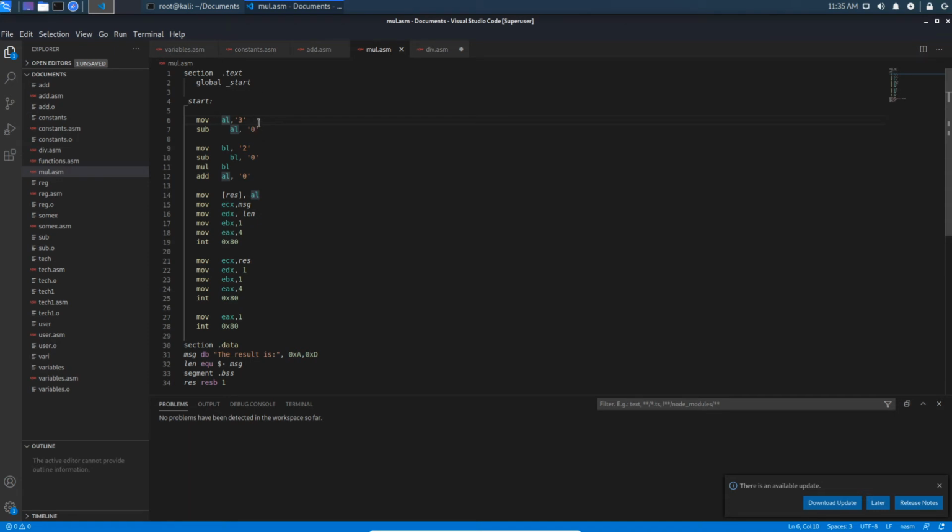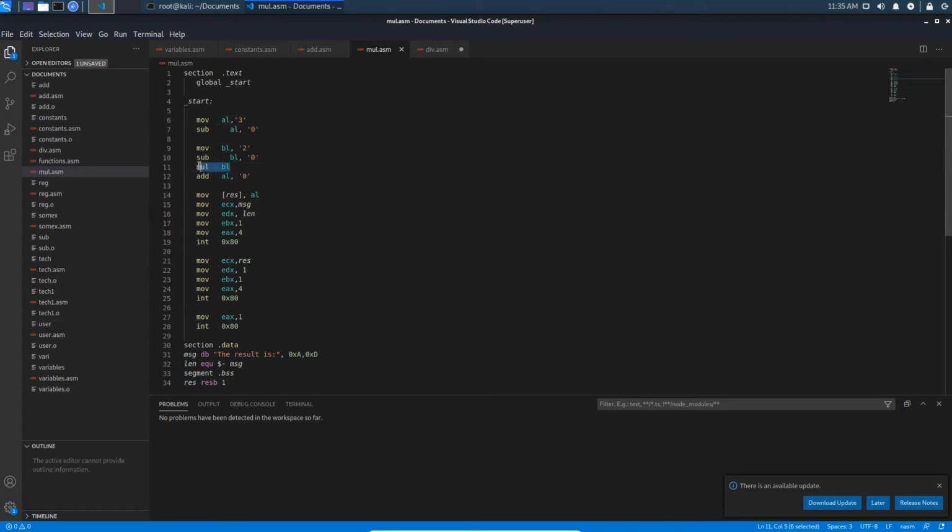Here we took the AL register and moved the desired number to it, and then subtracted to convert ASCII into a binary number. The same is done for the second number, and then we multiply BL with AL.